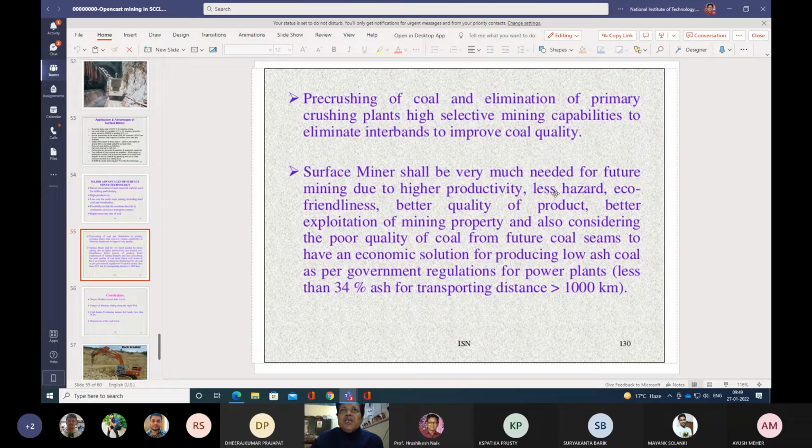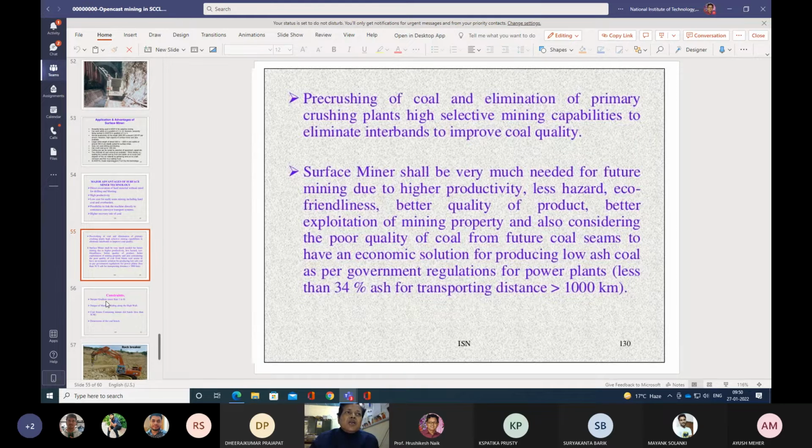Surface miners shall be very much needed for future mining due to higher productivity, less hazard, eco-friendliness, better quality of the product you are going to get, better exploitation of the mining property, and also considering the poor quality of coal from future coal seams to have an economic solution for producing low ash coal as per the government regulations for power plants, thermal power plants. Less than 34% ash for transporting distance more than 1000 kilometers. So these are the advantages of surface miners.